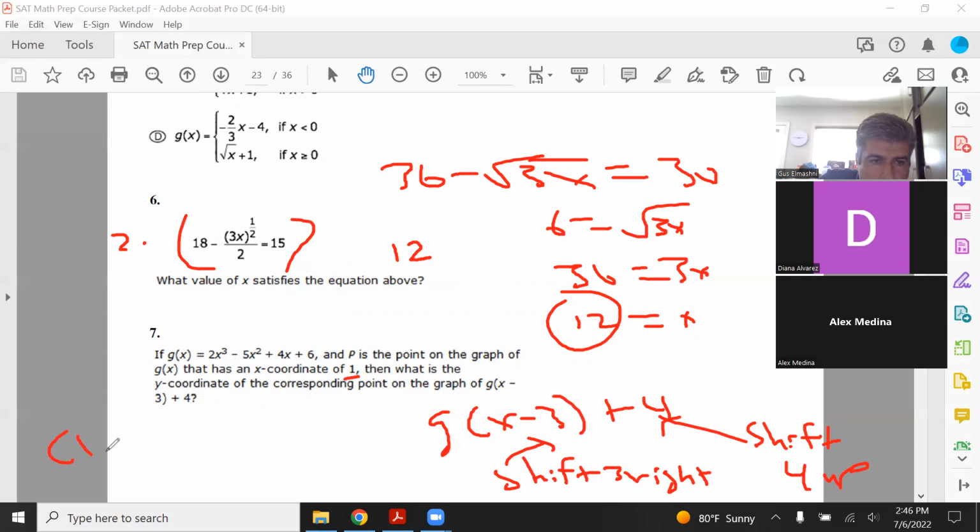So if I plug 1 into that equation, you should have 2 minus 5 plus 4 plus 6. You should have 7. Now, if you shift 3 right, that's going to be 4. And you shift 4 up, that's going to be 11. So the y coordinates that correspond to that will be 11. So that's 7.